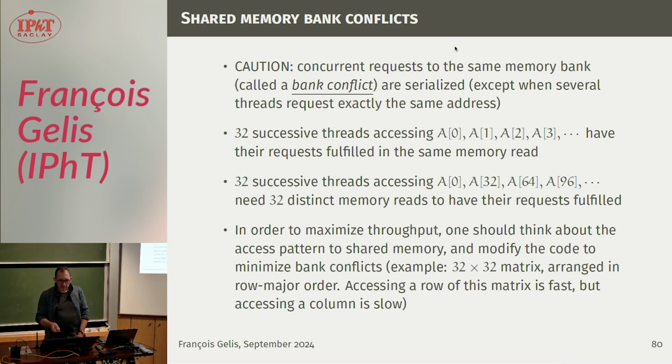So reading A0, A1, A2, A3 is very fast, but reading A0, A32, A64, so all the multiples of 32, will be much slower. And sometimes you need to read both along the columns and the rows, and there is a trick to make it fast for both.